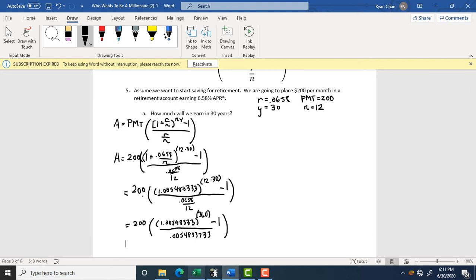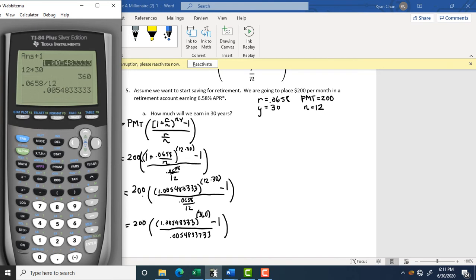Okay, so if I look at this here, this part here, the 1.054833, I'm raising it to 360. So I'm going to do this raise to 360.